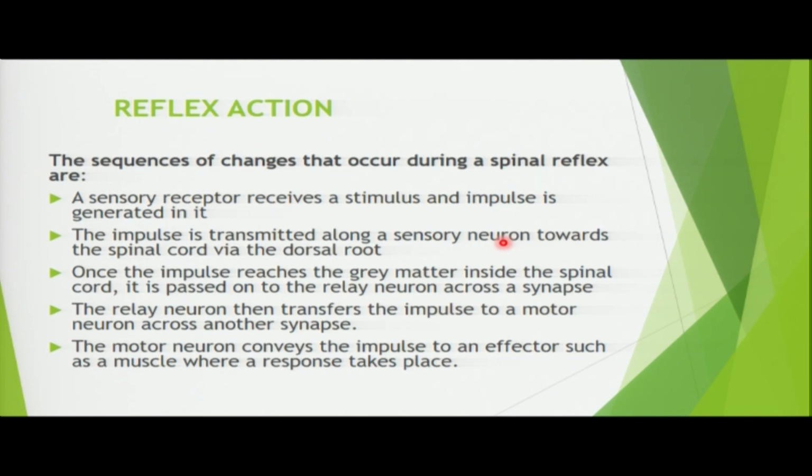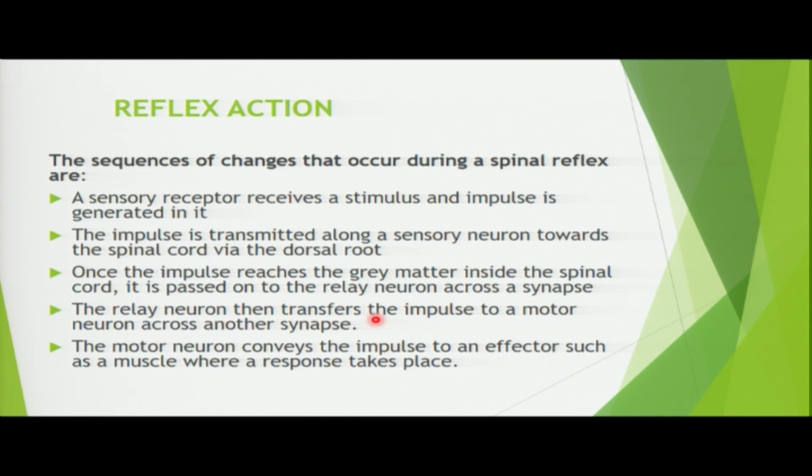Now, number 3. Once the impulse reaches the part of the spinal cord called gray matter, it passes on to the relay neuron. Remember, a relay neuron is a neuron that connects the sensory neuron and the motor neuron. When the message reaches there, what's going to happen? The relay neuron then transfers the impulse to a motor neuron.